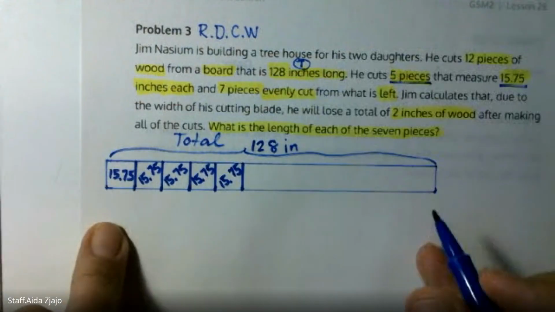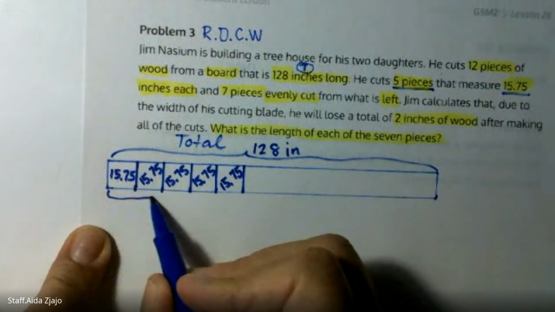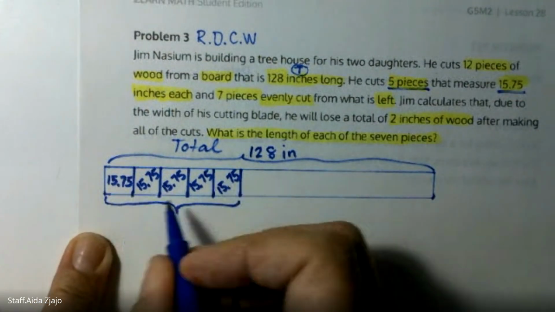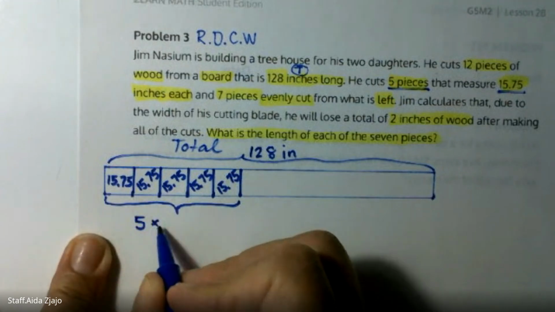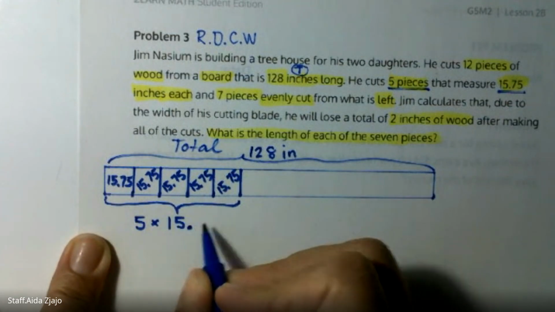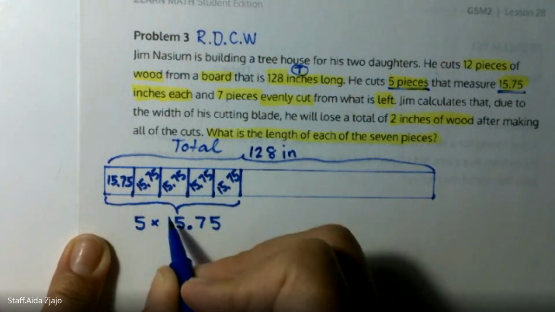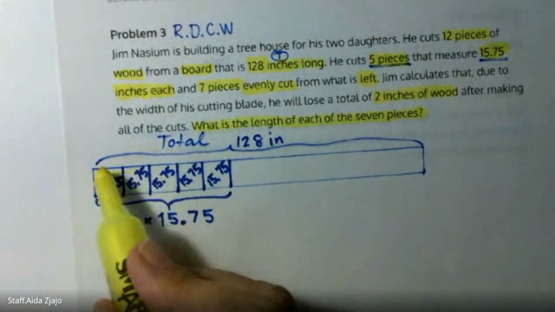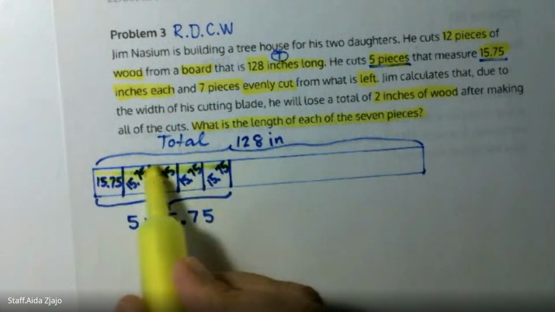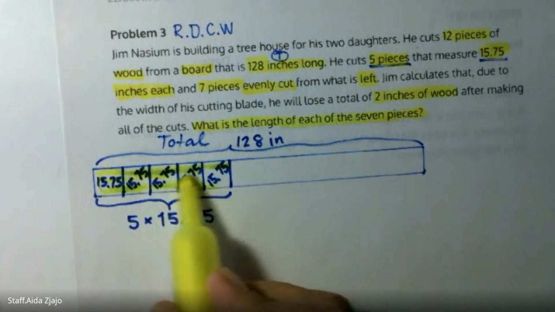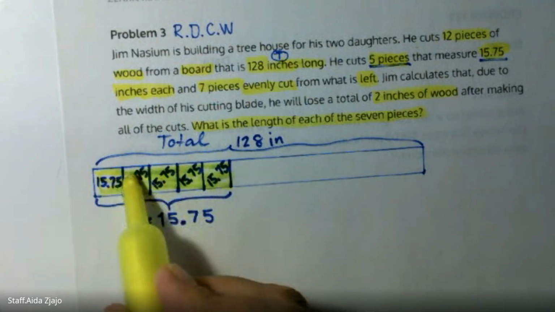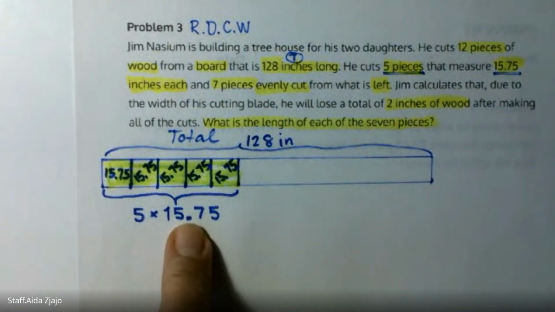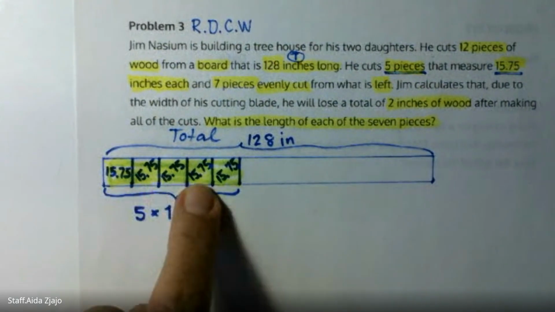Okay, so we don't know how much all of this is together, but it would be 5 times 15.75. If I want to know how much of the board he will take off when he makes these 5 equal parts, we will need to use the operation of 5 groups of this number: 1, 2, 3, 4, 5.